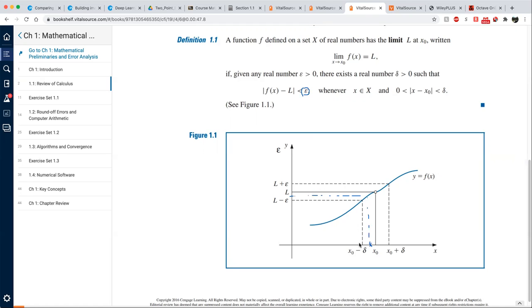It means that as x approaches x naught, its function value f(x) also gets close to L. That's the meaning of this definition. If you're interested in this definition, just search for the precise definition of limit in a calculus book.